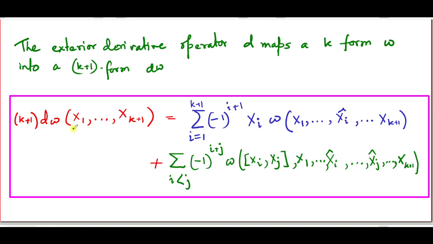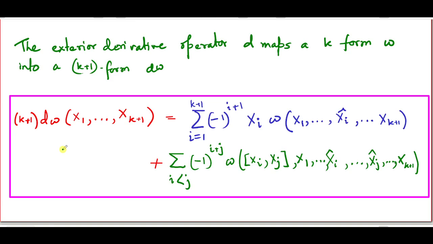Here what we have done is that we have actually defined d omega through its action on K plus 1 smooth vector fields x1, x2 up to xk plus 1, and the right hand side defines the function using omega and the xi's. Note that the original omega, being a K form, can only take K smooth vector fields as the arguments.